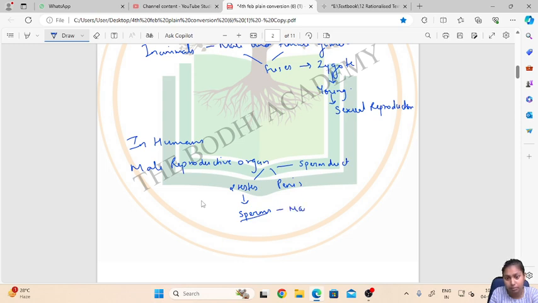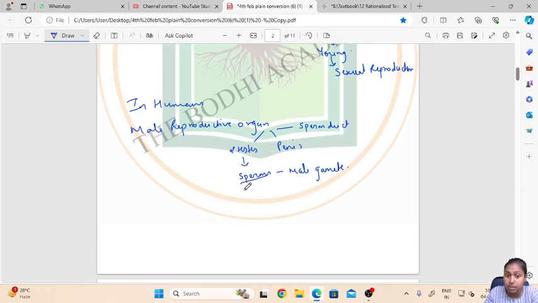It is the male gamete. Millions of sperms are produced, and each is a single cell. What are the parts of a sperm? A sperm has three parts: a head, a middle part and a tail. So this is the male reproductive organ in humans.